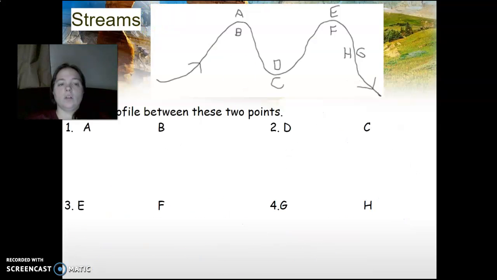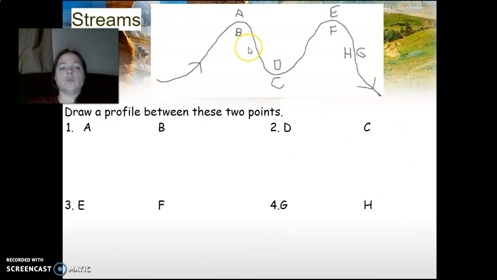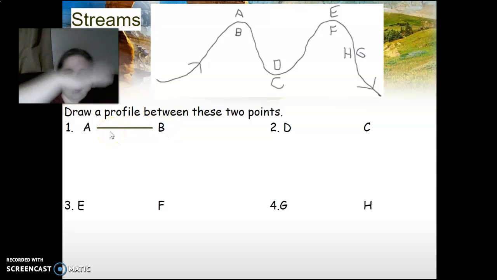Okay, well, if I was to ask you to draw a profile, or show you profiles, which do come up in the Regents, how would you draw a profile from points A to B? So remember, I'm going to draw a line straight across. That's the top part of the water.